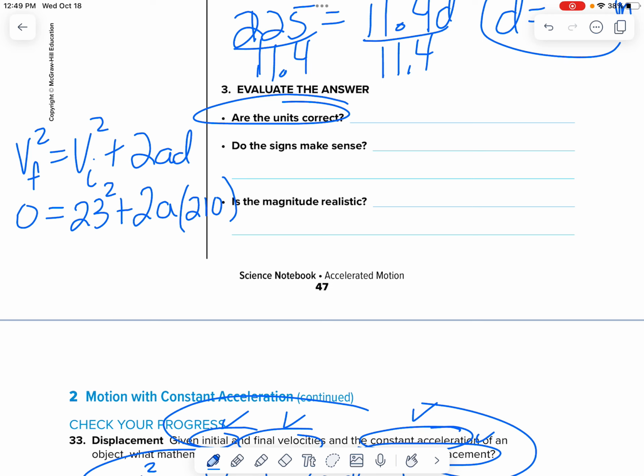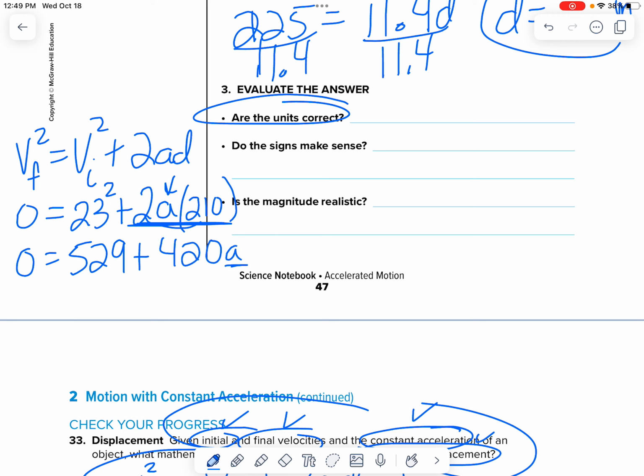So you're going to take 23 squared. This is all being multiplied together: 2 times a times 210. I don't know what a is yet, but I can take the 2 times the 210.